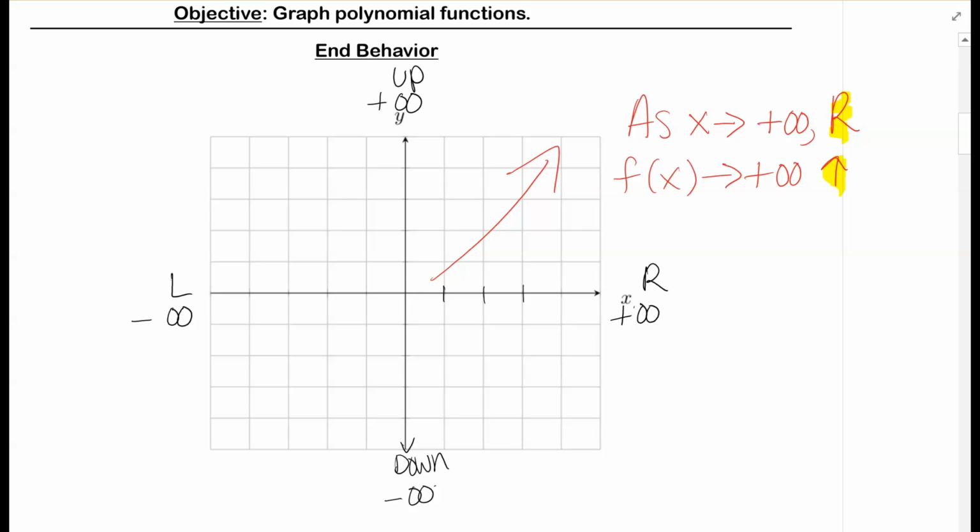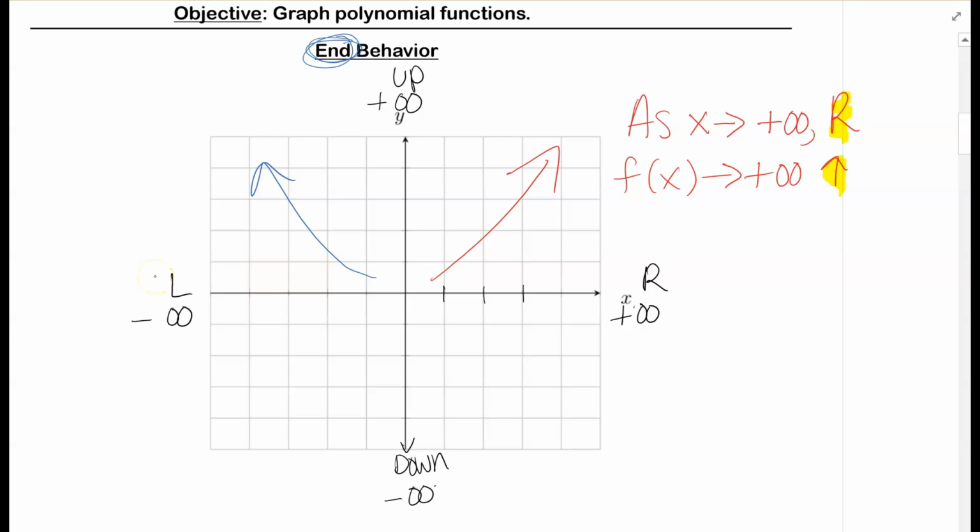And if I look at another example, let's say my function ends up looking something like this on the end, because the whole point of end behaviors is looking at the ends of the graph, okay? So let's say I have something over here, and notice it is going to the left side.